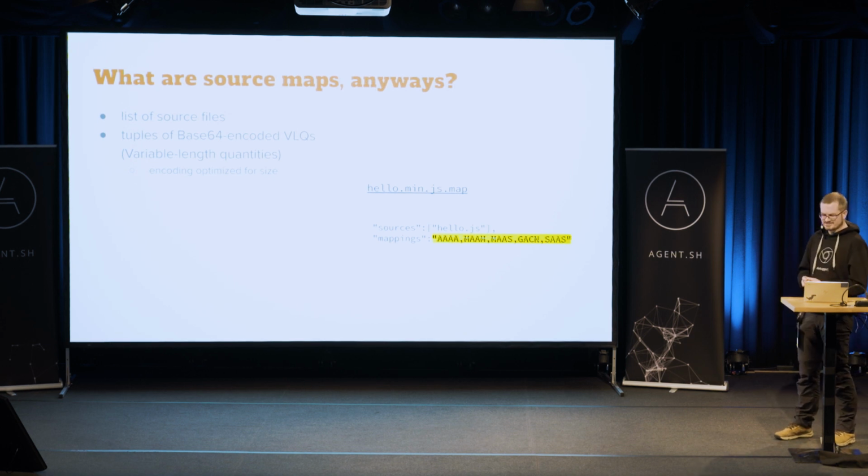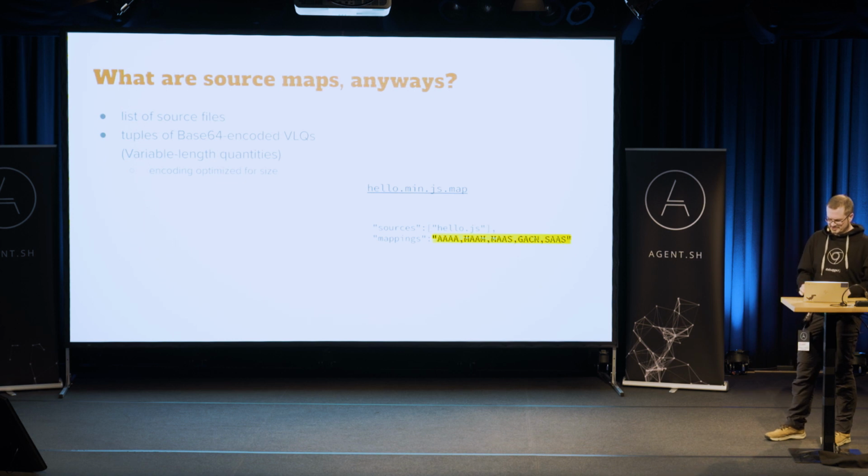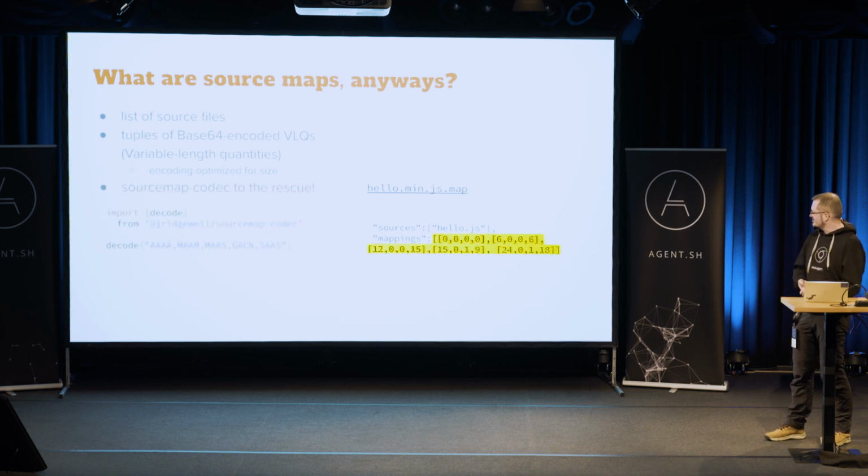So they had to shrink the size significantly. The way that they did it was inventing a base64 encoding of strings to just describe arrays. They're using what is called VLQs. It's terribly optimized for size, but there are libraries, for example, the Sourcemap codec, which you can just use. You feed in the string, and it gives you the original array.